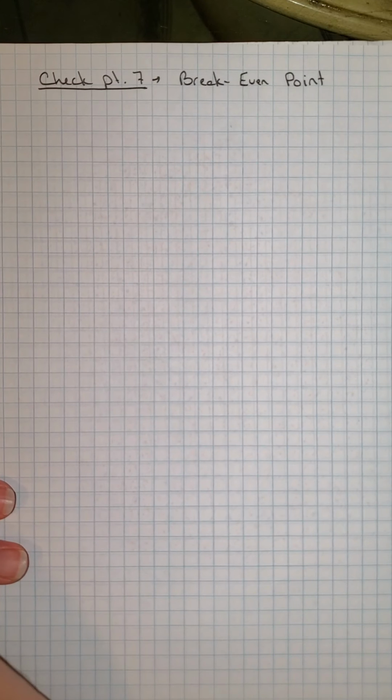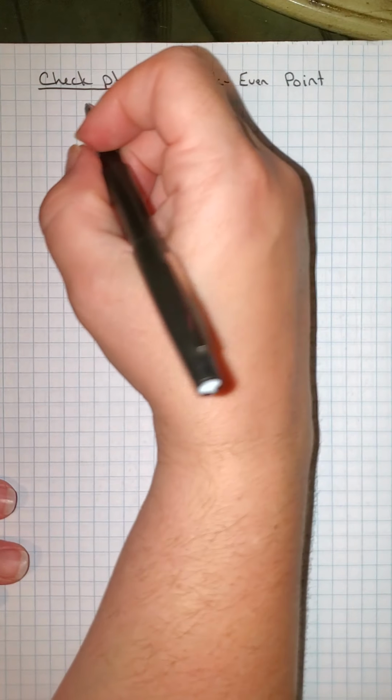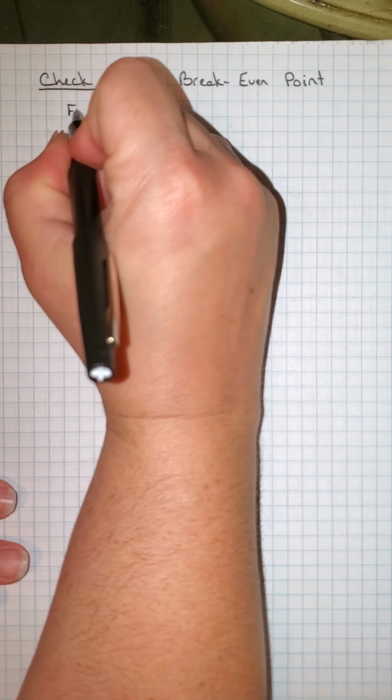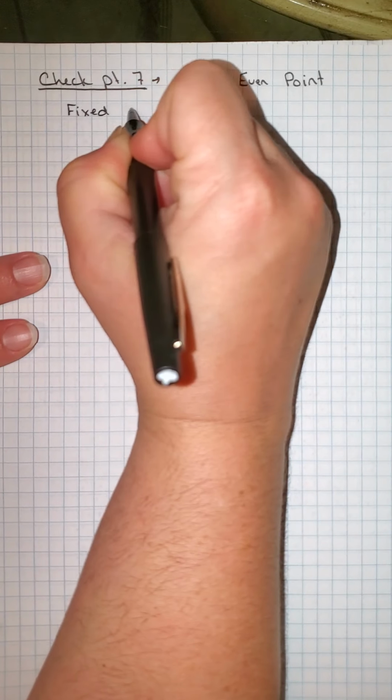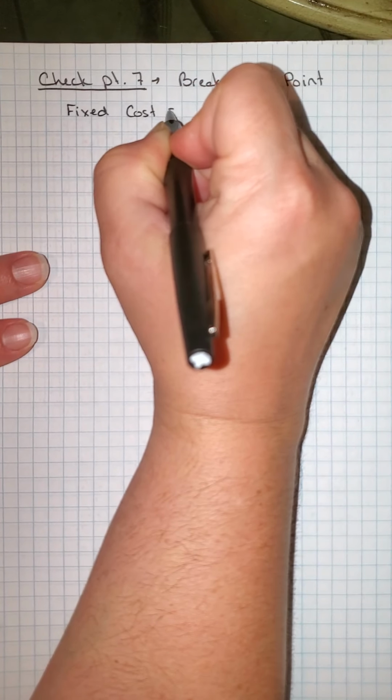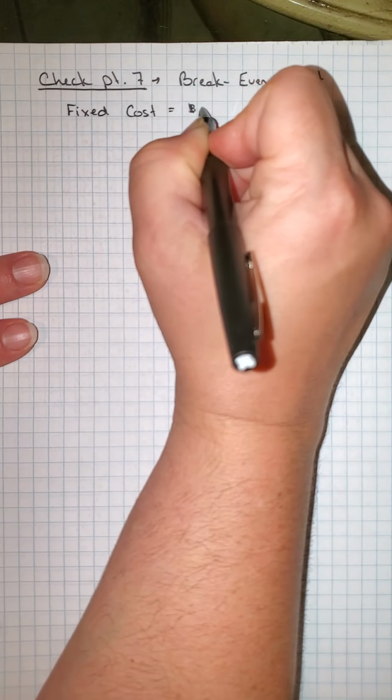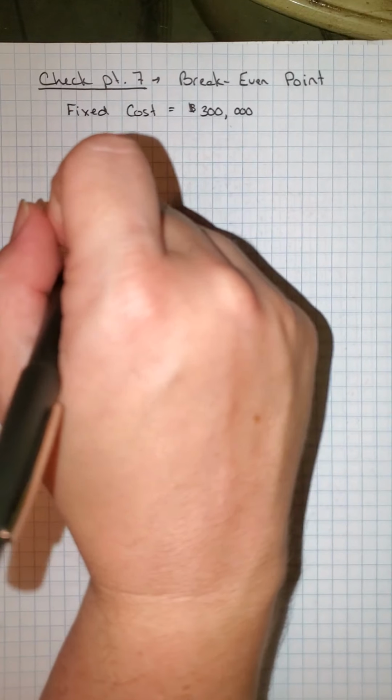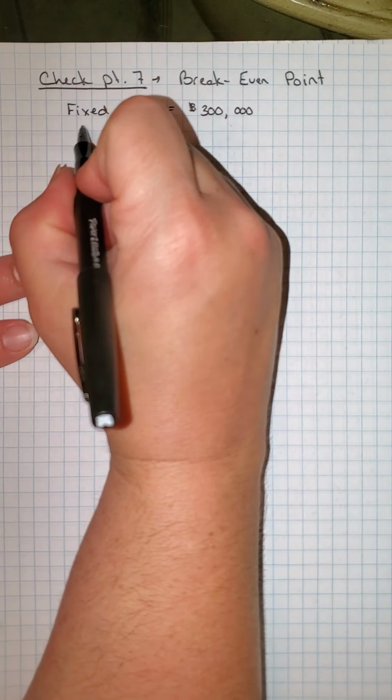We have a company that manufactures running shoes and has a fixed cost of $300,000. An additional cost of $30 to produce each pair of shoes.